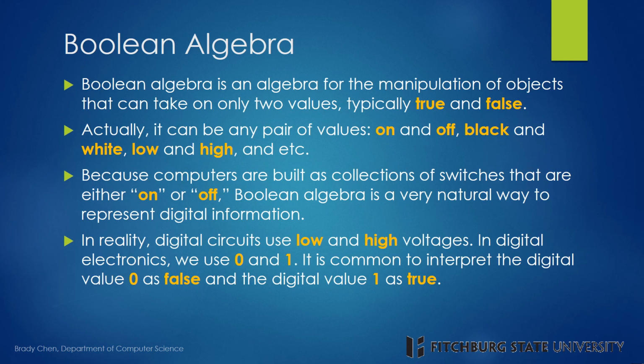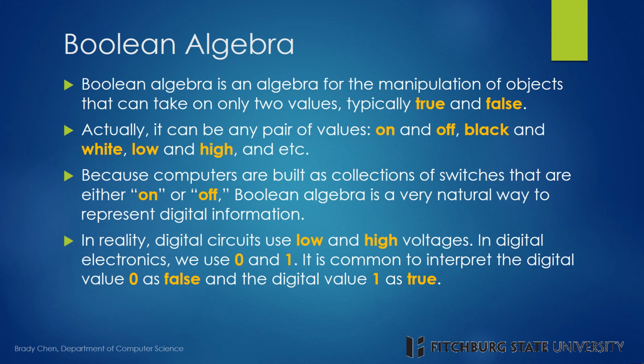So now let's talk about Boolean algebra. Now remember, in Module 1, we discussed the Boolean logic. In Boolean logic, we talk about propositions or statements. A proposition can take on only two values, true and false. So now the Boolean algebra is more general.